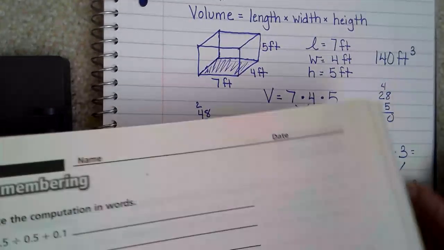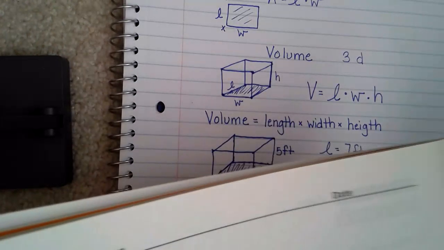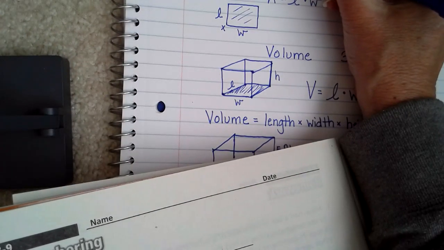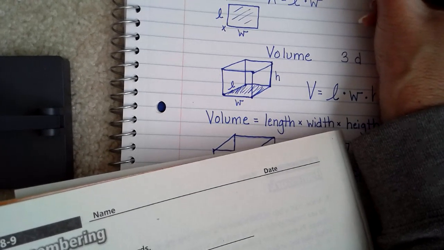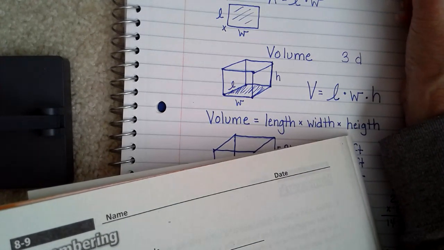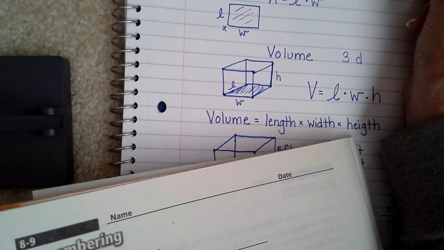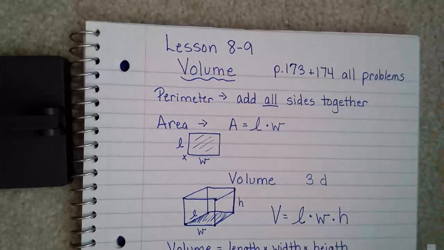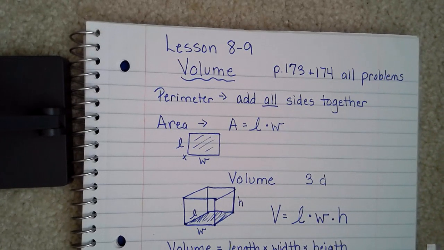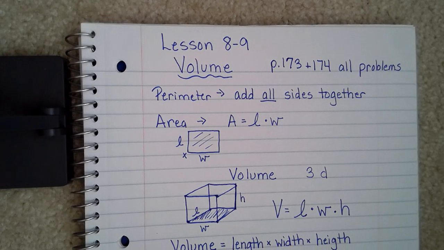So today's homework is going to be pages 173 and 174, all the problems. And obviously, watch the videos that go along with this to get extra support with it, and go ahead and practice.